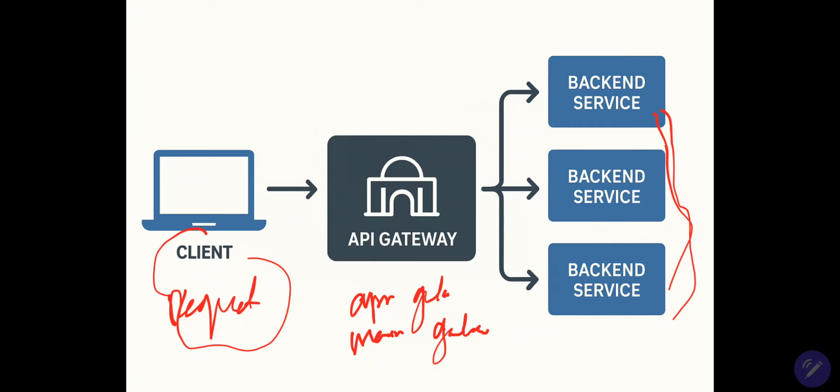Okay, and in real implementation, an API gateway has main functions. For example, routing.